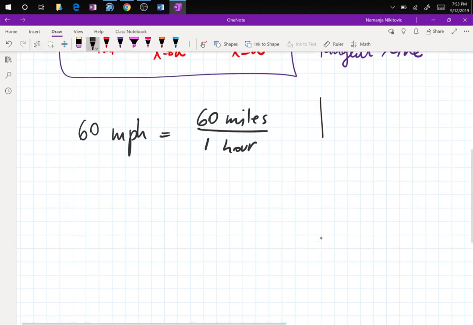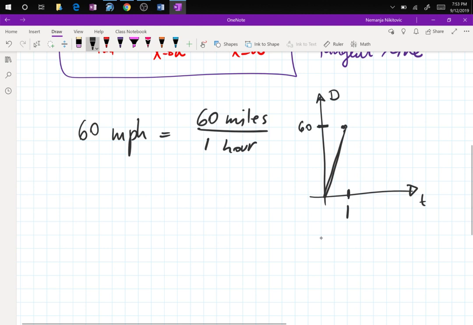So I can graph that. If I say that this is 60 and this is time, this is 1, you have 60 miles per hour. So distance, time, 60 miles per hour, and that's 1.